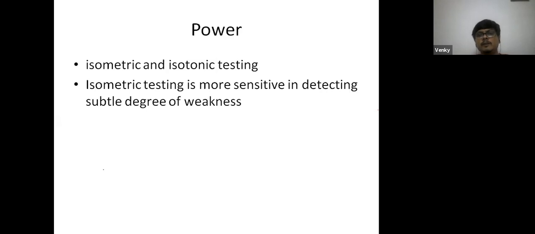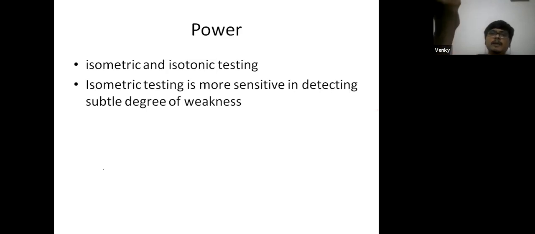The flexion of the elbow can be brought about by many muscles. You consider just flexion of the elbow. You are flexing the elbow and giving resistance while flexing. So giving resistance to flex is one type of testing.